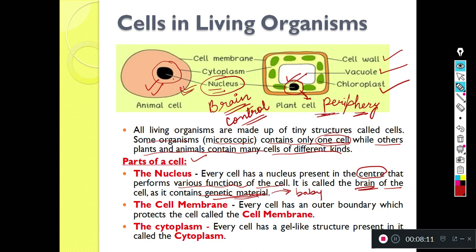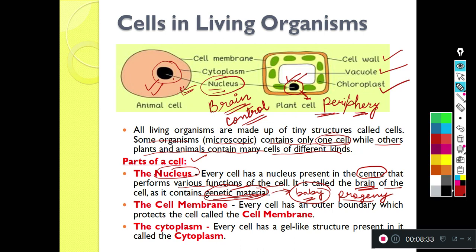So baby animal or baby plant or baby microorganism. Whatever they are passing to their baby or progeny, progeny means next generation, all the genetic material is present inside the nucleus. Clear?